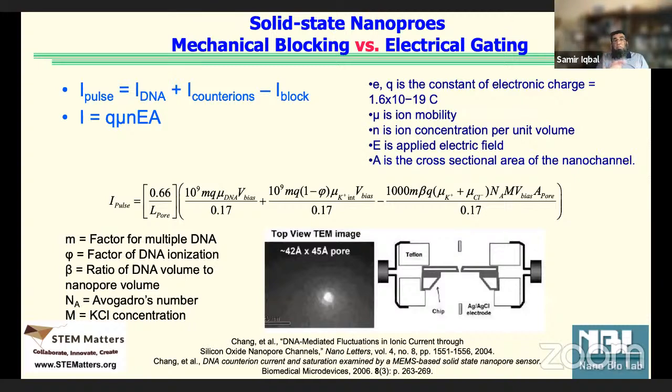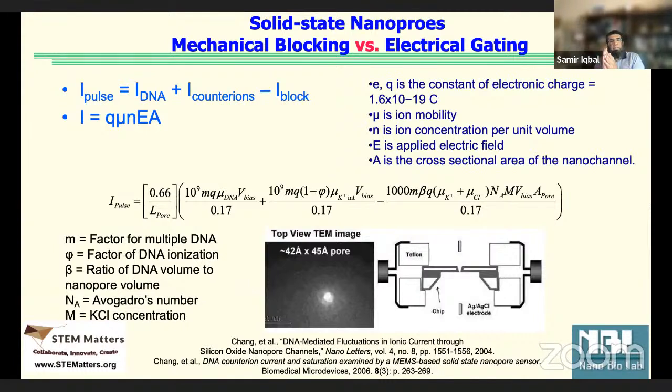But now, if you look at the conductivity of one nanopore, you can break it down into three pieces. This is what this equation is showing. We have broken down different parts of the current that will be flowing. One is just the ionic current, the resistive part to it.